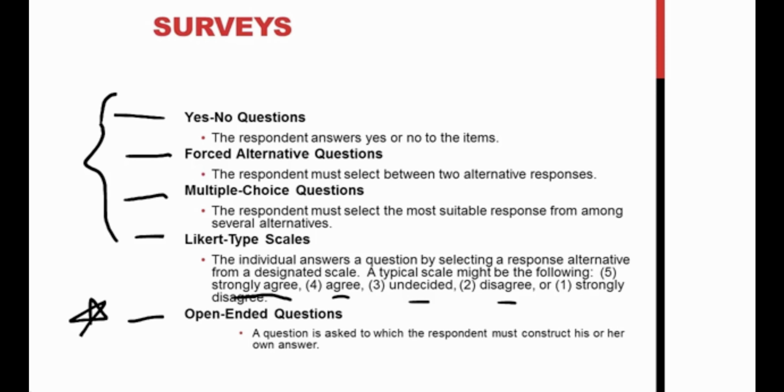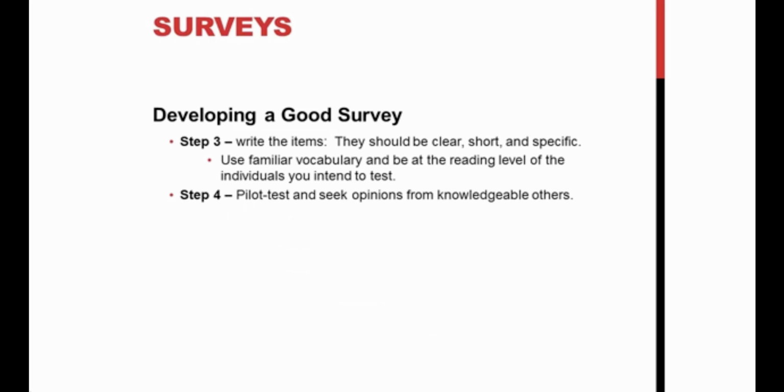But let's say that we've chosen our questions now. Once we've chosen the types of questions that we have, we want to actually write out what those questions are, and this is our third step. When you write a question, you want to make sure that the question is clear, short, and specific. You also want to make sure that it's at an appropriate reading level for the individuals that you want to test.